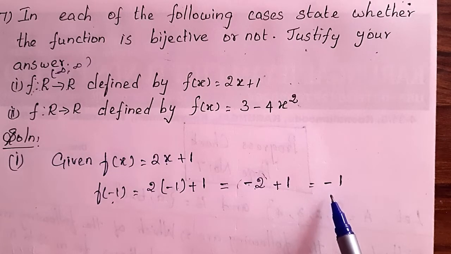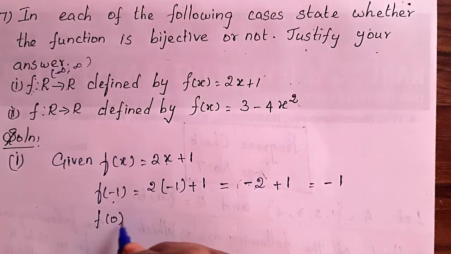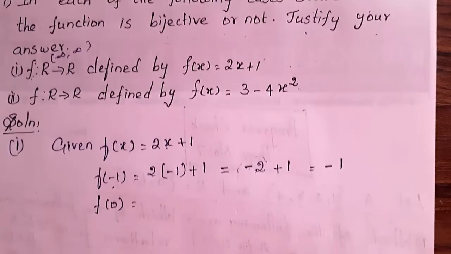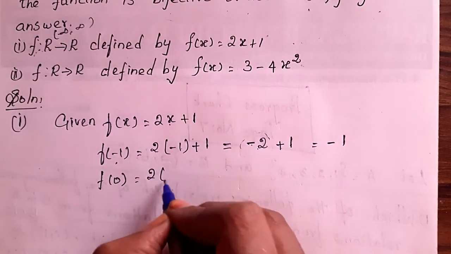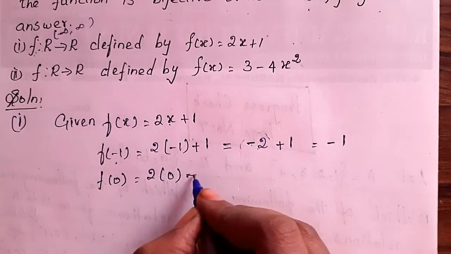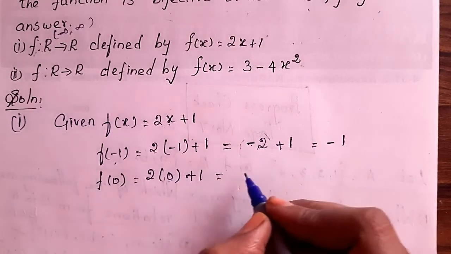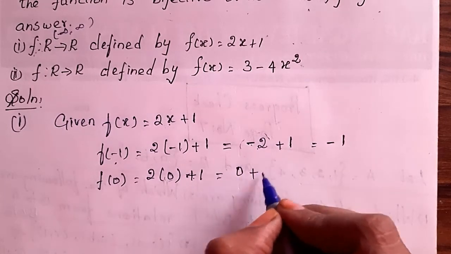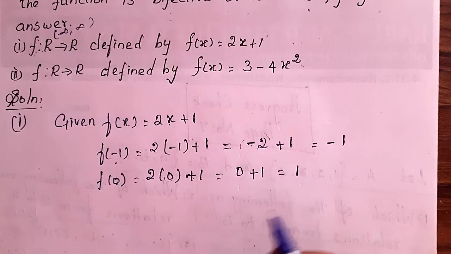Okay. Then we can find 0. f of 0. As you wish you can take any value. I am just taking a few values. So 2 into 0, in the place of x I just put 0, plus 1. That is equal to 2 into 0. Any number into 0 is 0. Then plus 1 is equal to 1. So when you take 0, it goes to 1.